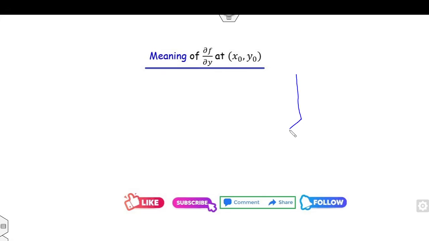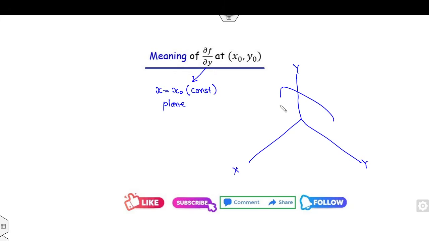That means if you have the curve x, y, and z, in this case we are keeping x constant. Again, you can see x equal to x naught is my plane. Then this is my surface z equal to f of x naught, y naught.